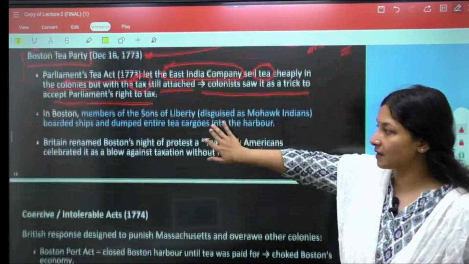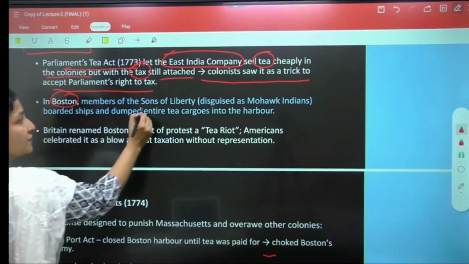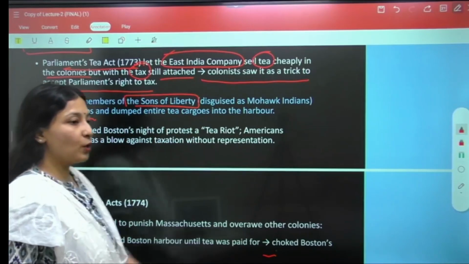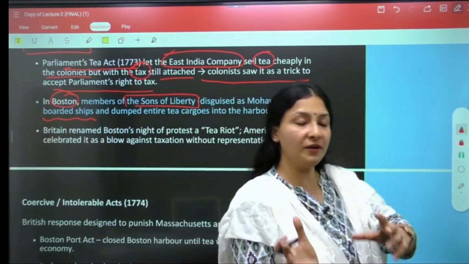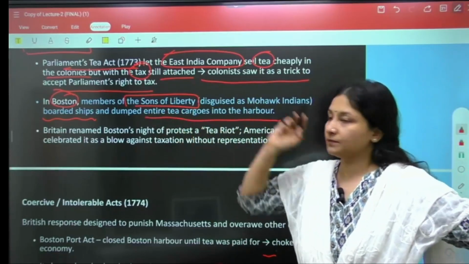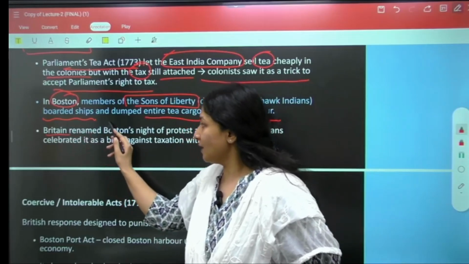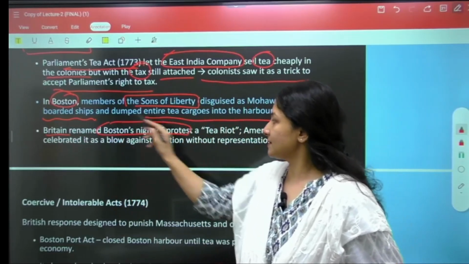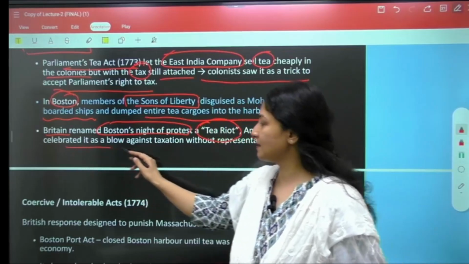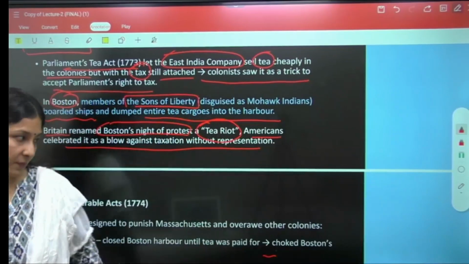So what happens again in Boston, the members of the Sons of Liberty board the ship, and what do they do? They throw the whole tea into the harbor. Britain renamed it Boston's tea riot, and Americans celebrated it as a blow against taxation without representation.